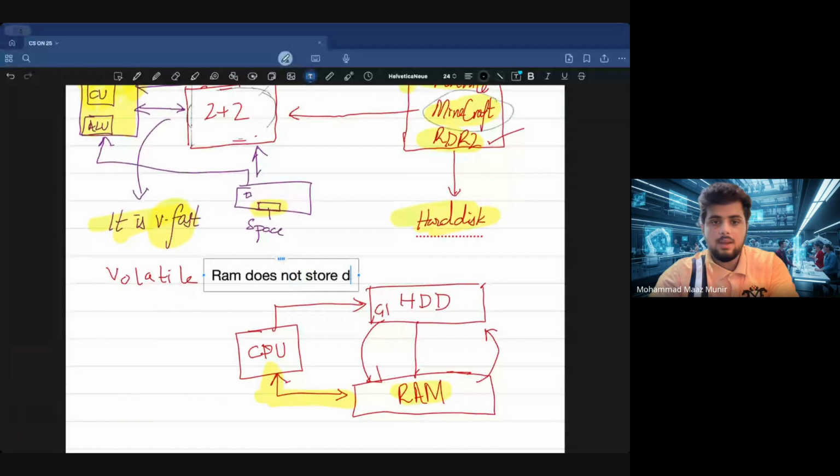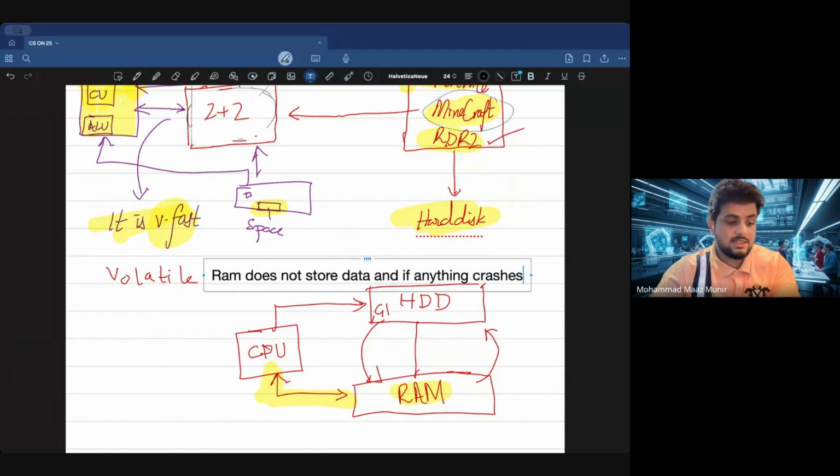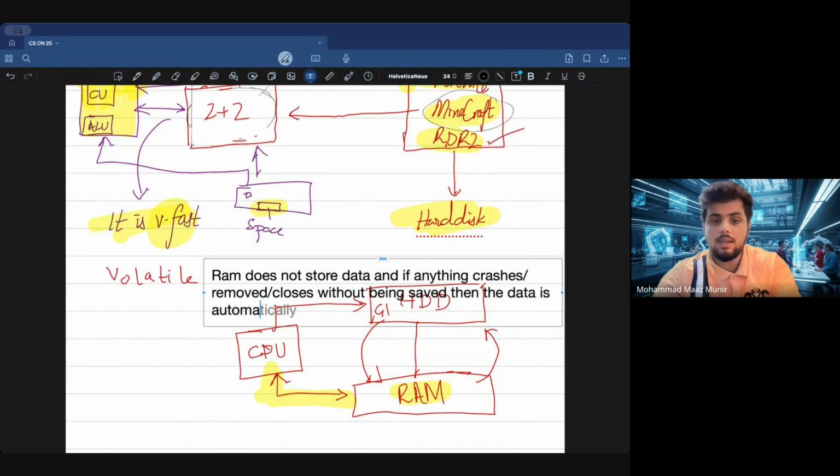And if anything crashes, or it's removed, or let's say it gets closed without being saved, then the data is automatically removed. In simple words, if I explain it in one liner, RAM does not store data.